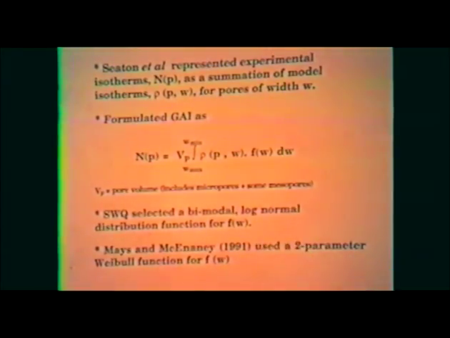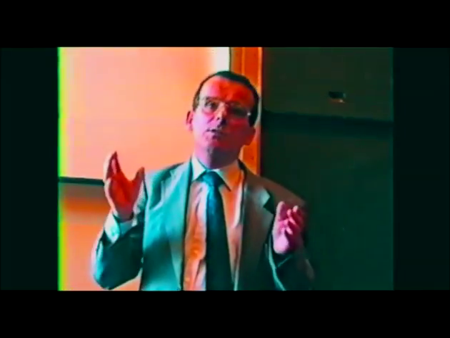The reason for this is that there's a point I want to make about selection of distribution functions for F over W or F over Q. Roger showed that you can select a wide range of functions and fit data, but there are some tests I think you can apply to F over Q, and they have to do with Occam's razor type tests. First of all, we know from fundamental studies that the adsorption energy in a micropore is probably no more than twice the adsorption energy on the free surface.